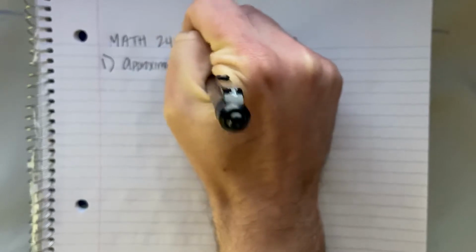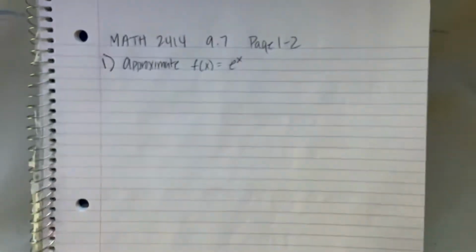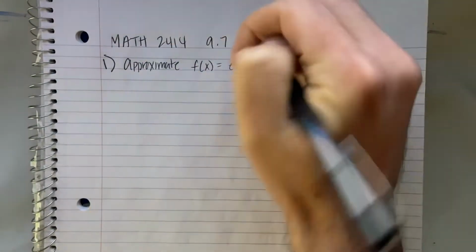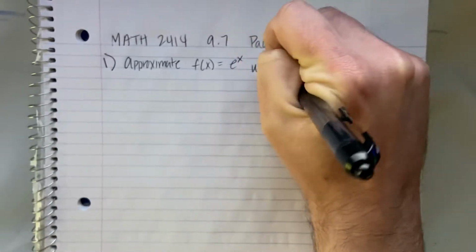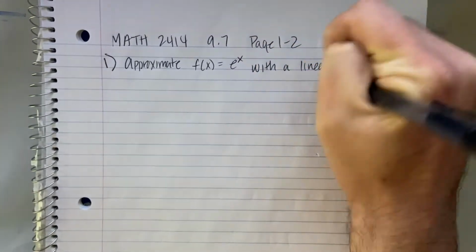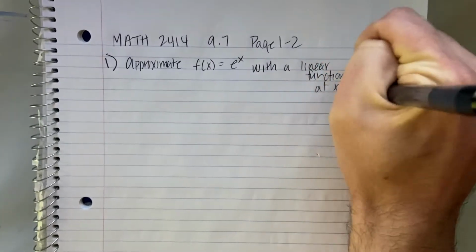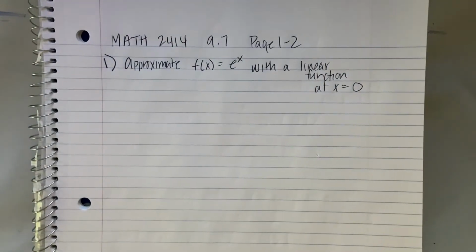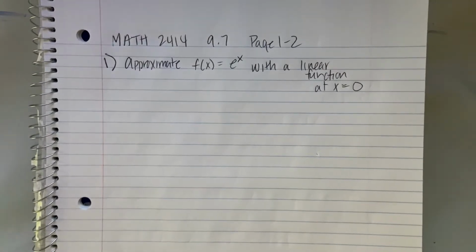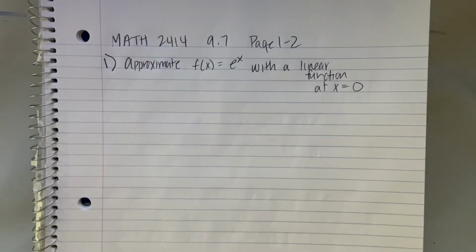Try to approximate, this is what it's asking, approximate f of x equals e to the x with a linear function at x equals 0. Now, of course, what do we know about e to the 0th power?